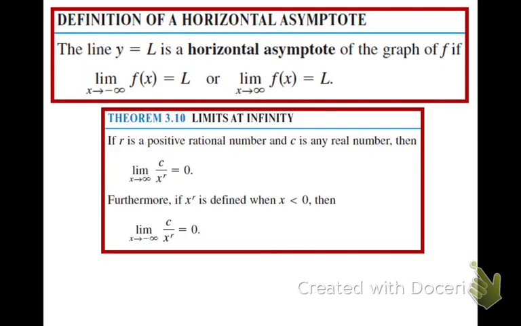Okay, so what this says, just the horizontal asymptote basically, is the limit as I approach negative infinity and positive infinity. That's all it's saying.